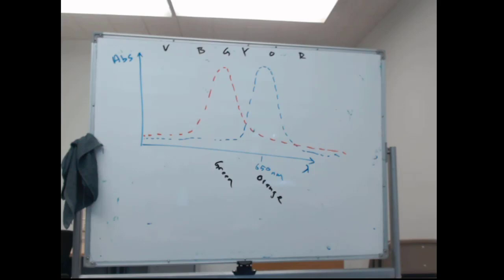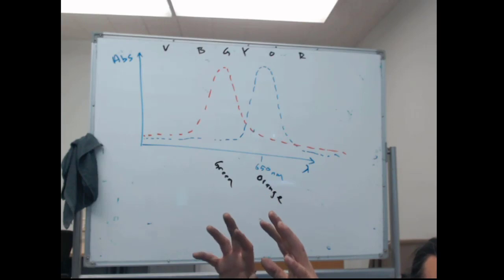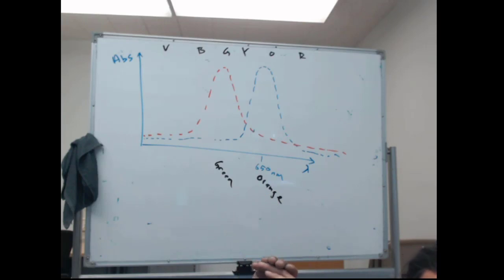We still have blue molecules and red molecules inside that solution. And it's just the way that our brain perceives it. There's a difference between what we see and how the light is actually interacting with the chemical compounds. And what's interesting to us in this class is how the light is actually interacting with the chemical compounds.